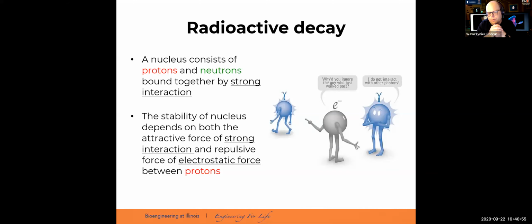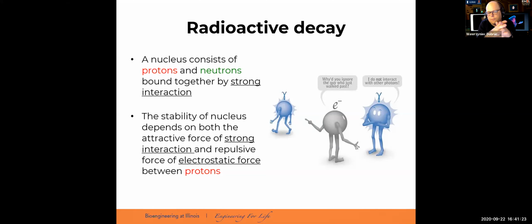But there is also a repulsive force, the electrostatic force between the protons, because they are positively charged. Between the protons and neutrons, it is the strong interaction. So those two processes keep the nucleus together.